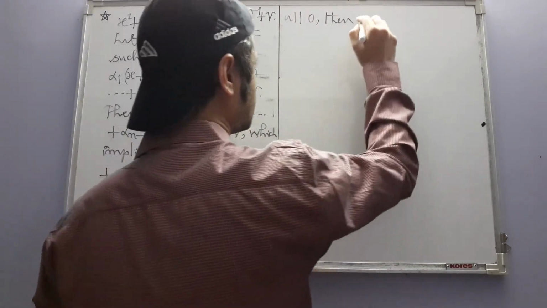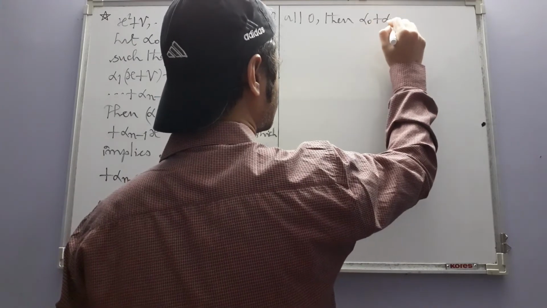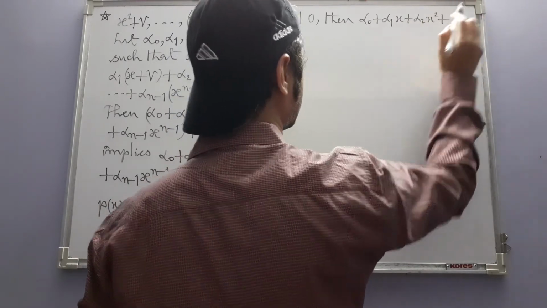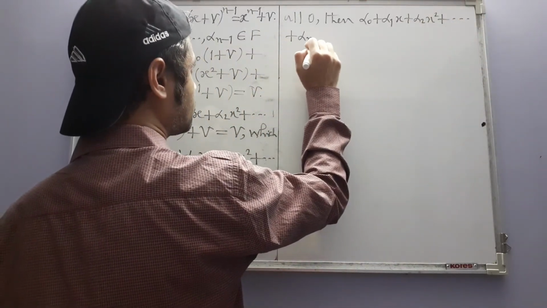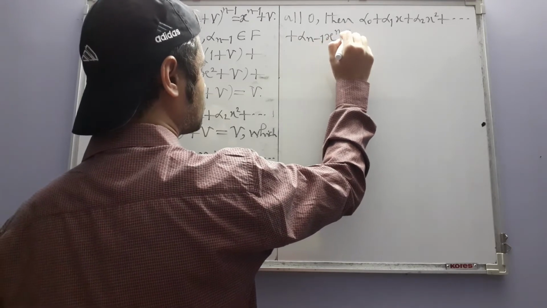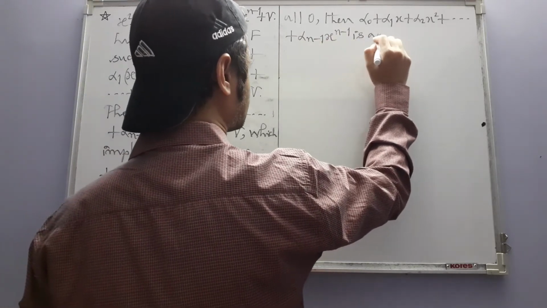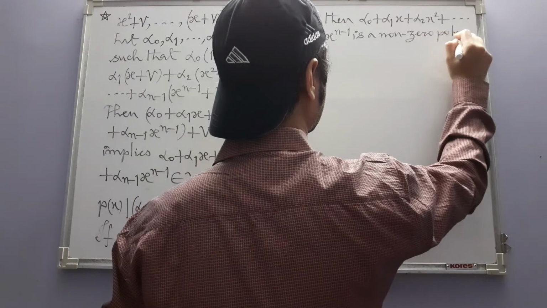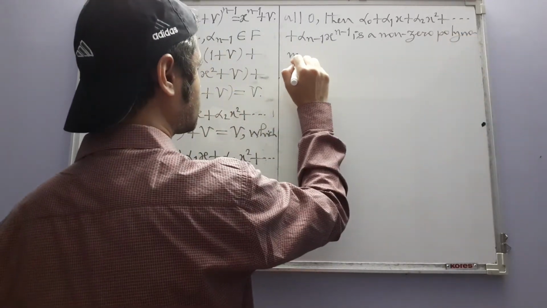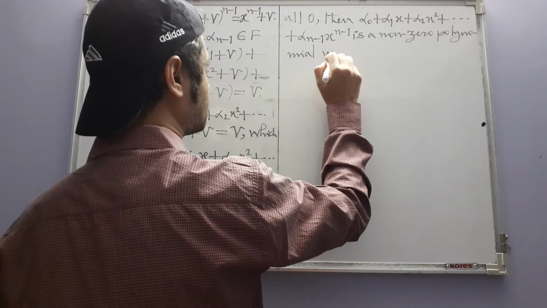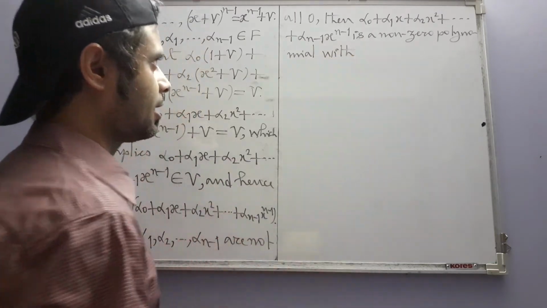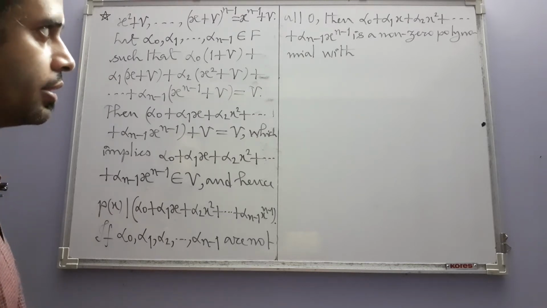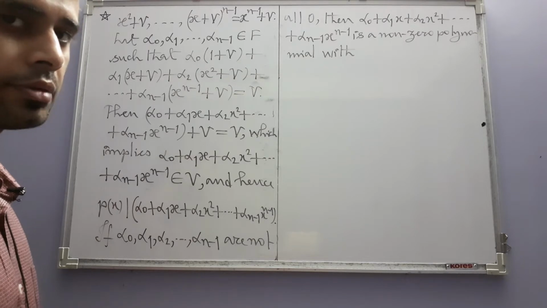then this polynomial is a non-zero polynomial. Being a non-zero polynomial, it will have a degree, and from the look of this polynomial you can say that the degree is less than or equal to n minus 1.